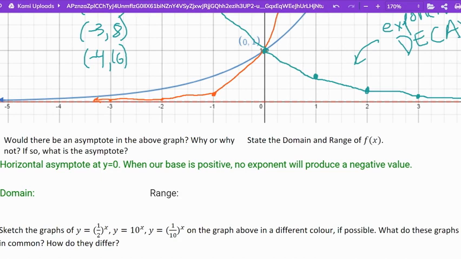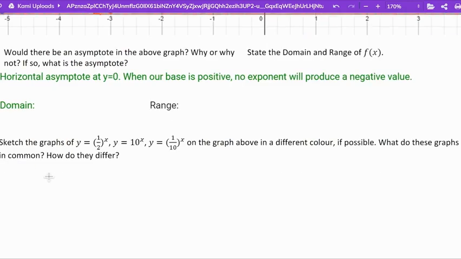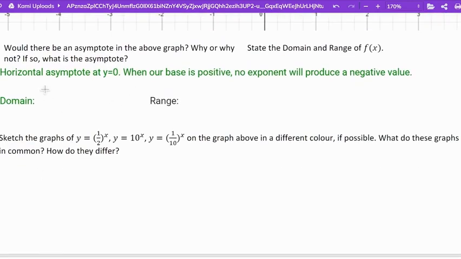If it's exponential growth, it's going to take a really long time to get to x equals 1,000, but it will get there. So for the domain, we have no restrictions, meaning for all three functions, x belongs to all real numbers. Regardless of if it's decay or growth, the entire x-axis belongs to this function.